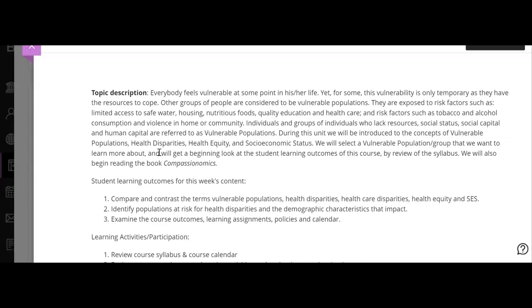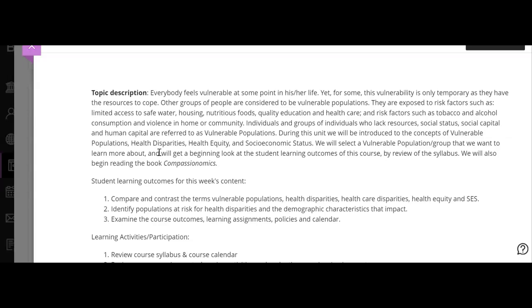Housing, limited access to housing, nutritious foods, quality education, and healthcare. There are also risk factors such as tobacco, alcohol consumption, and violence in the home and or community. So those who lack resources, social status, social capital, and human capital are referred to as vulnerable populations.